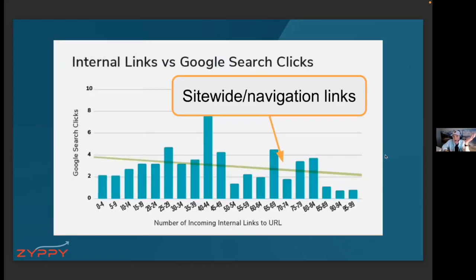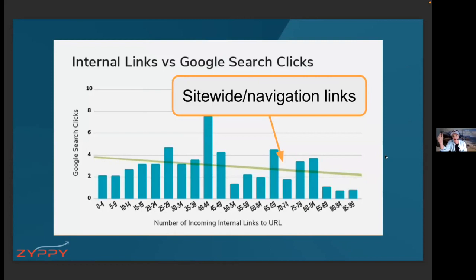So going back to the data, this is what we found when we started diving in. Remember when the chart went up and then started going down? Those down links, the links in the higher numbers, when you have 70, 80, 100, 200, 1,000, and we cut this chart off, the links at the top part of the chart that had those super high number of internal links, those tended to be navigation links.